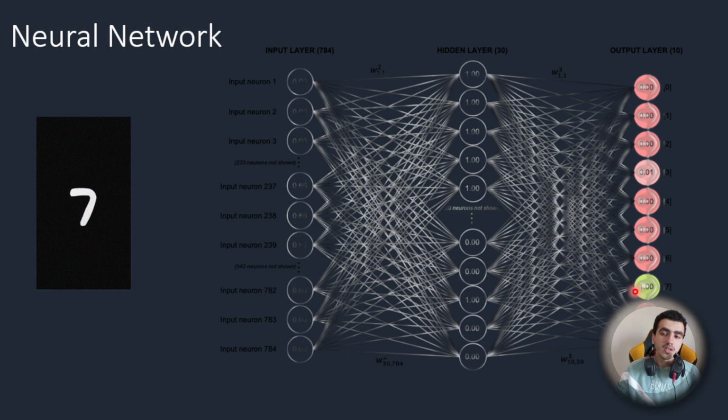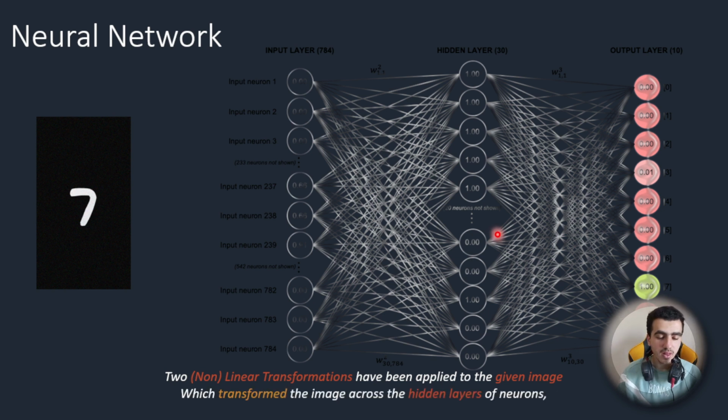So this is the main idea of hidden layers: they transform the input image into a different space to be easily separable, or easily predictable, by the output layer. And of course this transformation is not linear. It is applied by the activation function, which we will discuss in the deep learning course itself.